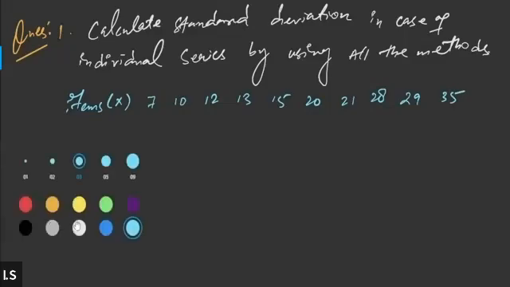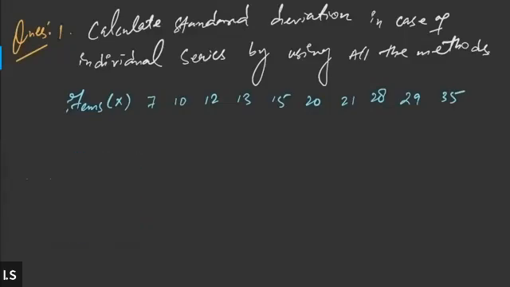Okay, so this is the question, and we need to solve this question by. Okay, can we take a different question, because in this question you won't be able to apply the step deviation method, Alexander. So shall we take a simple question so that we can apply all the methods in one question?